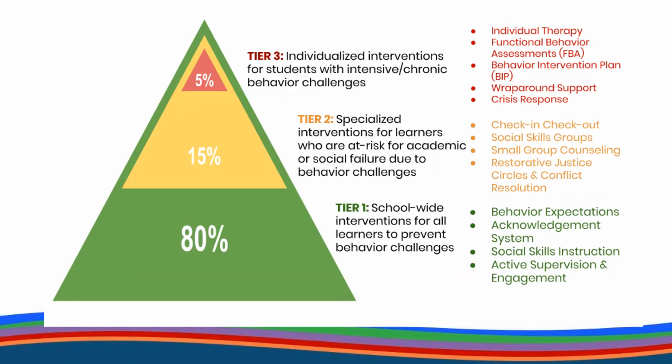Some examples could include establishing clear, consistent classroom rules and expectations, providing active supervision and engagement, and learning opportunities for students, as well as providing social skills instruction for all students in a class. Notice that all students in the classroom are receiving social skills instruction at this initial base tier.